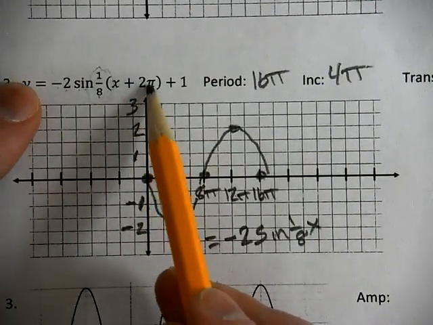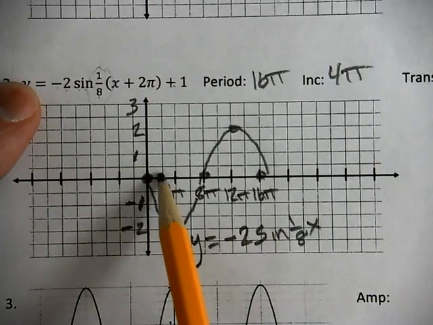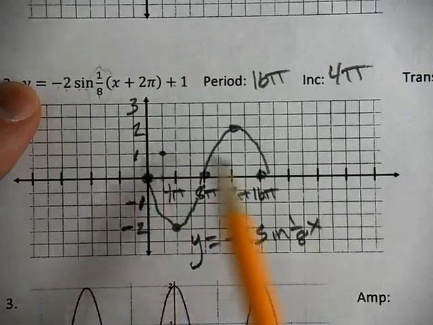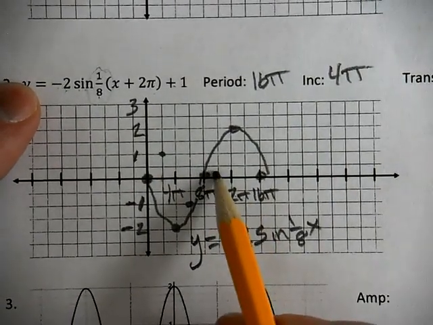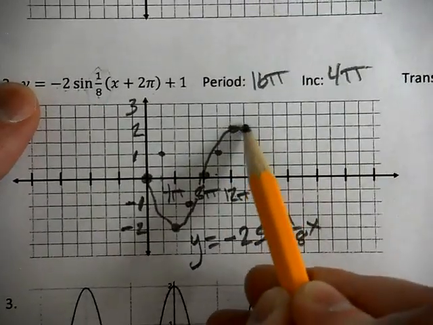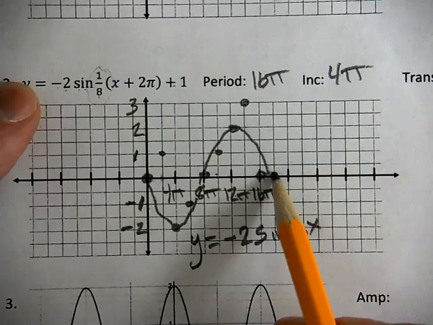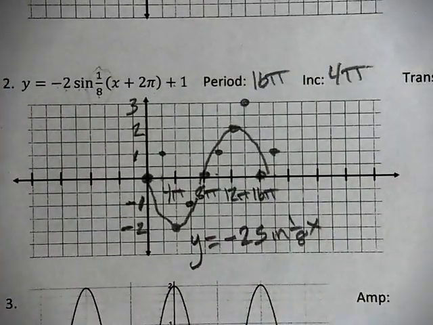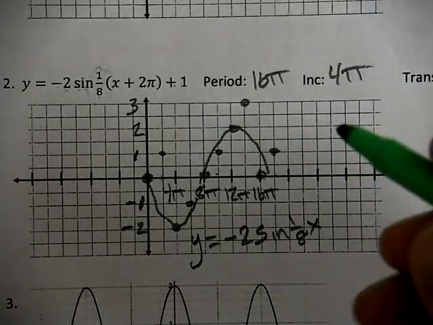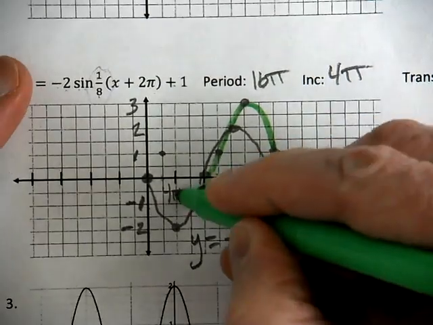So we're going to go over 2 pi and up 1, over 2 pi and up 1, 2 pi and up 1, 2 pi and up 1, 2 pi and up 1. I like to use a different color when I'm making a second graph on it.